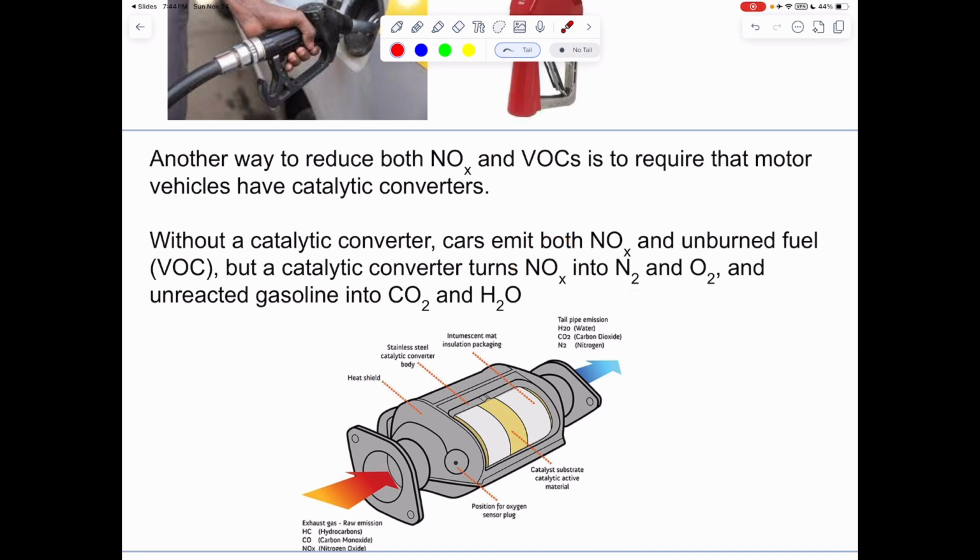And it will also turn any unreacted gasoline, it will combust it into CO2 and H2O. So now the things that are coming out of the backside are nitrogen gas, water, carbon dioxide. None of these are pollutants that are going into the atmosphere. Now, carbon dioxide is contributing to climate change. However, it is not causing irritating pollutants like the ozone.